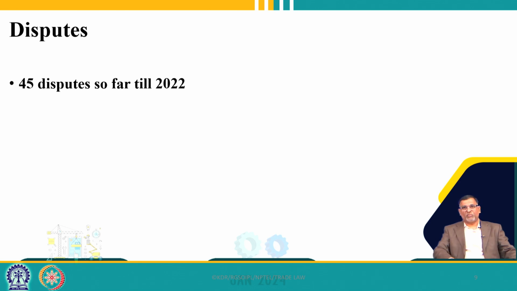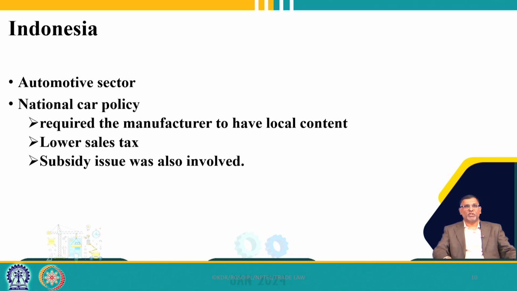At one point of time, in 1995 when the WTO agreement came into force, many of the countries were forced to eliminate trade related investment measures. So, the number of cases increased during that time, and now slowly again the number of disputes is picking up. And we will see some of the important cases from the TRIPS agreement.